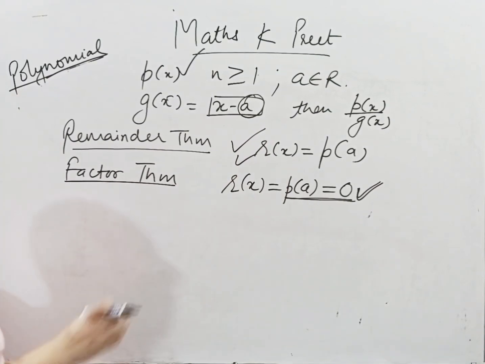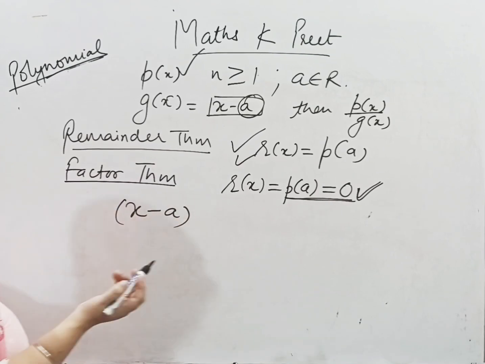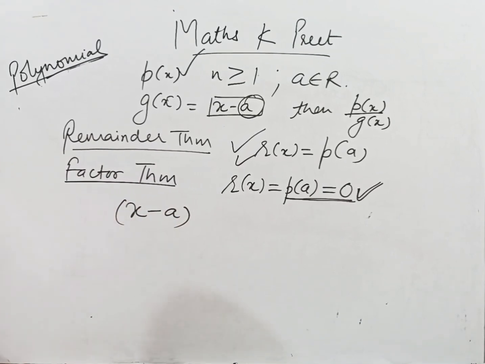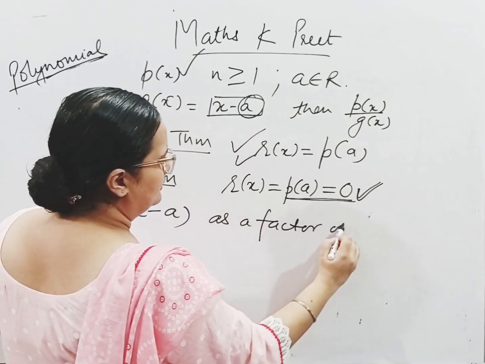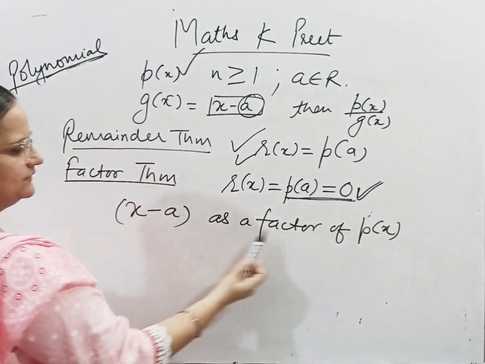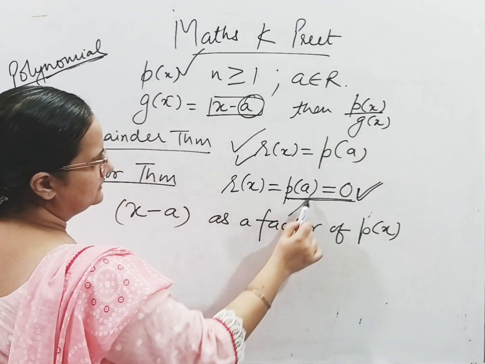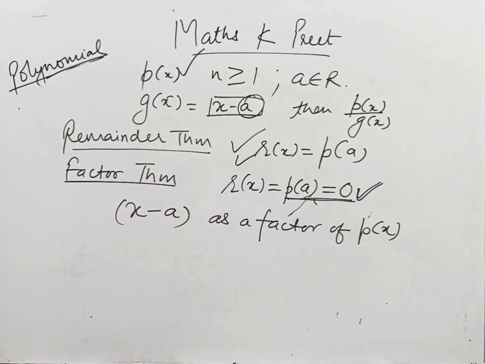In the factor theorem, when the remainder is 0, we directly have x minus a as a factor of p(x). If this is 0, we get the factor. If this is a factor, p(a) will be equal to 0. This result works both ways, so it is vice versa. So these were the two results.